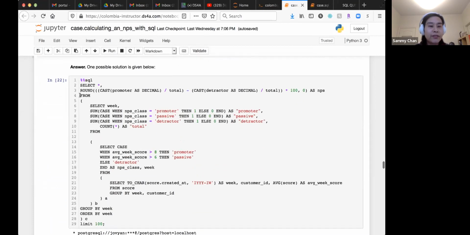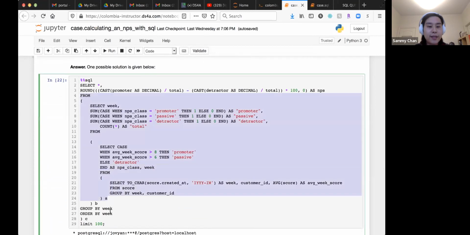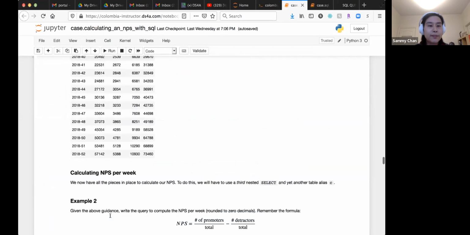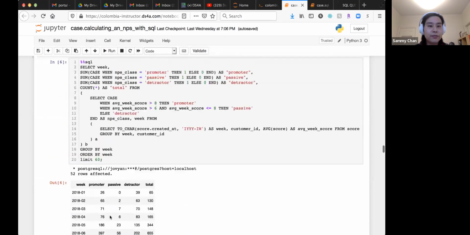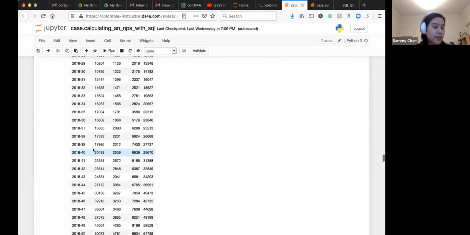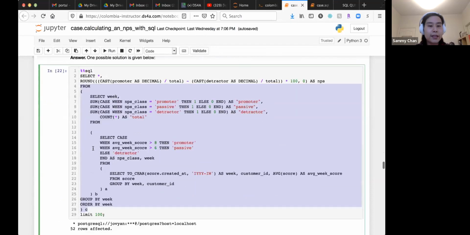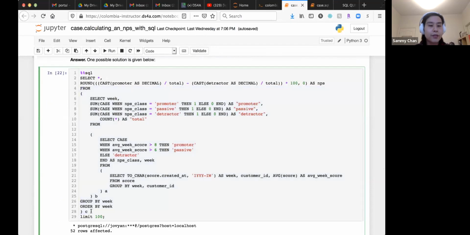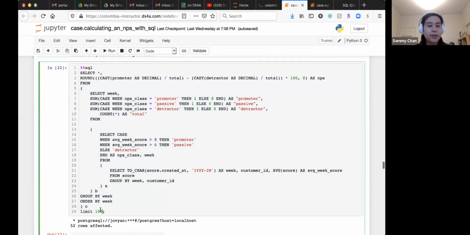Here we have the same query table from what we did above, and we just assign it an alias, a nickname for it, to be C.